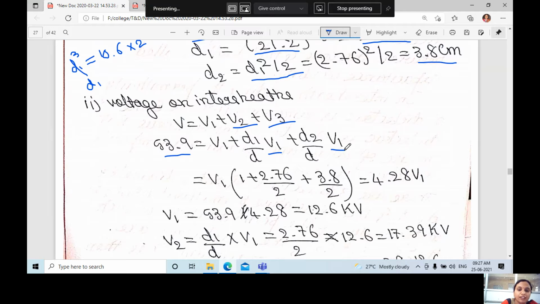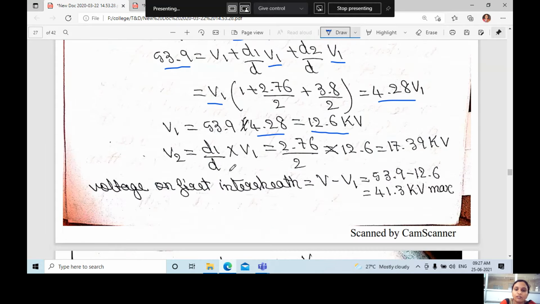In terms of V1, V1 take out common, 1 plus D1 divided by D value substitute, D2 divided by D value substitute, you will get 4.28 V1. So V1 is equal to 53.9 divided by 4.28, you will get 12.6 kilovolt.